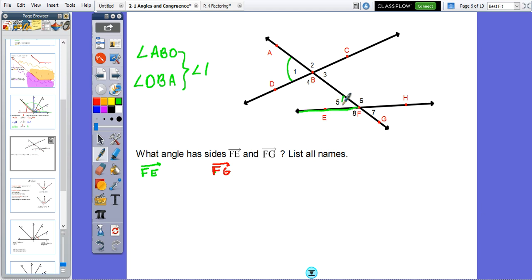It has our angle 5 up here, so that's one of them, and our angle 8 down there. For our FG right here, it has angle 7 as an individual angle, but it also shares angle 8 as well. So that's the one angle they both share, angle 8, because it's made up of both of those.